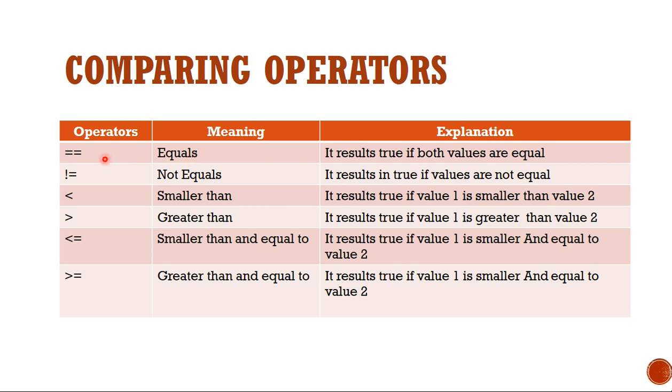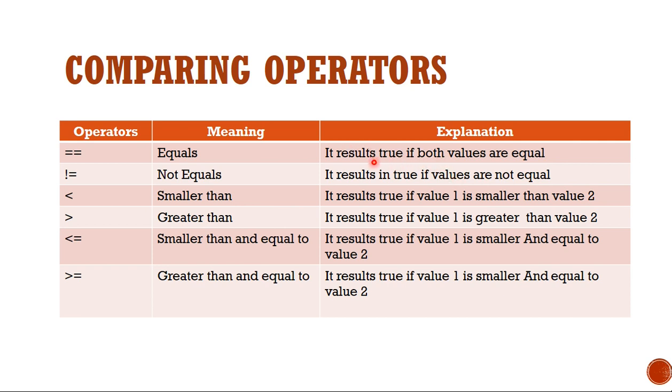This sign is used for equals to. The exclamation mark and equal to sign means not equal to. This is a smaller than sign, this is greater than sign, this is smaller than or equal to, and greater than or equal to. And, or, not are our logical operators, and right now we are using the and operator here, right?